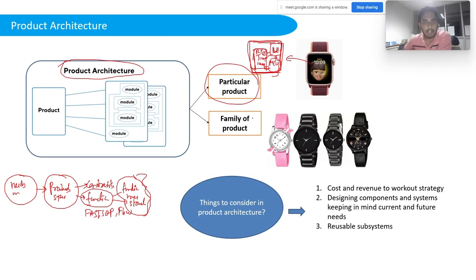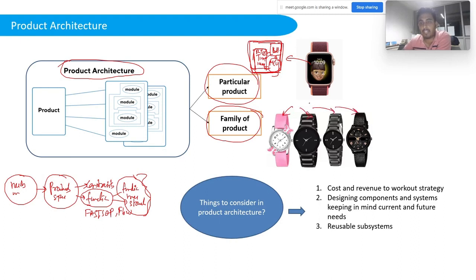And the other kind of product architecture is family architecture. So basically, when we see products in the market, they do not have only one particular product architecture. They have a family of products, and they have some shared commonality among their products.